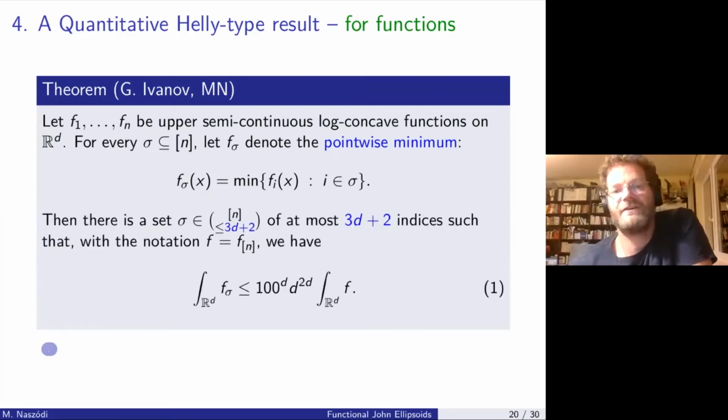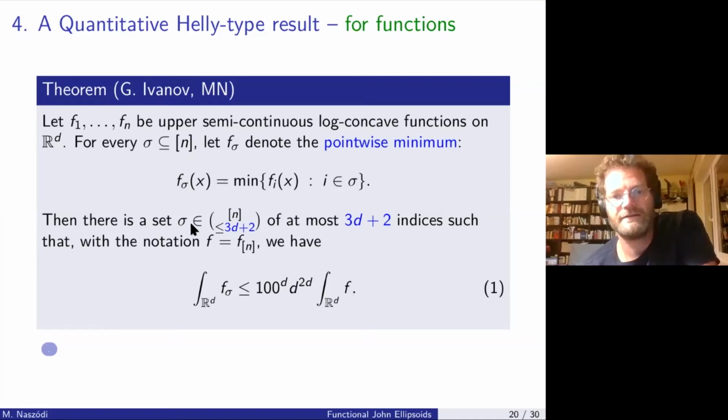And here is what we found. Take a finite family of nice log-concave functions, so they are upper semi-continuous log-concave functions. And we define this f sub sigma this way for any subset.